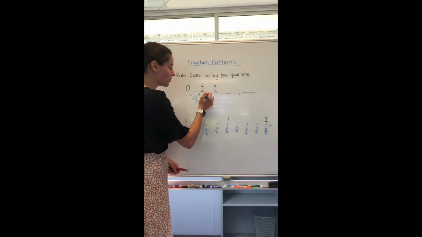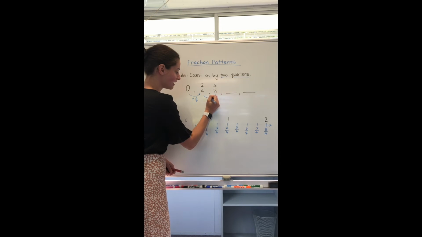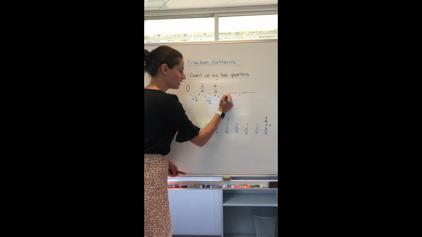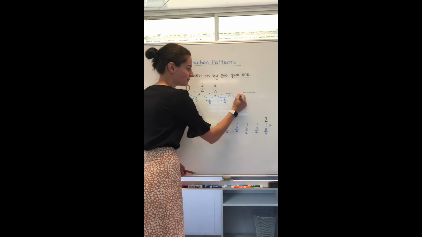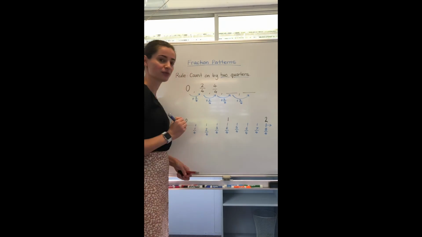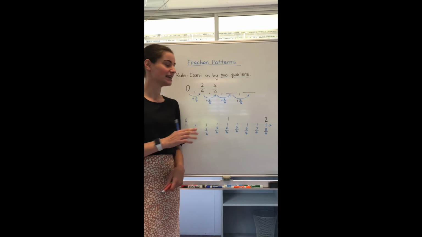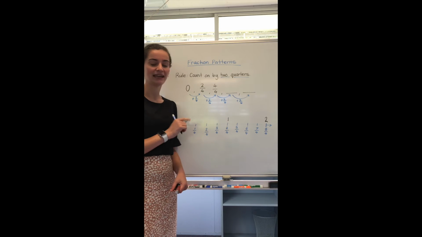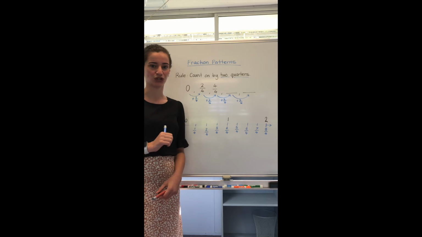When we move from our second term to our third term, we are adding 2 quarters. And it is the same when we go from our third to our fourth term and from our fourth term to our fifth term. It is important to remember that our rule never changes. It is the same for every term. If I'm on my 100th term, it is still adding 2 quarters.